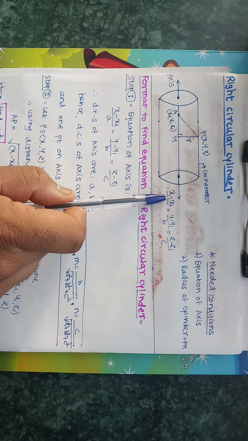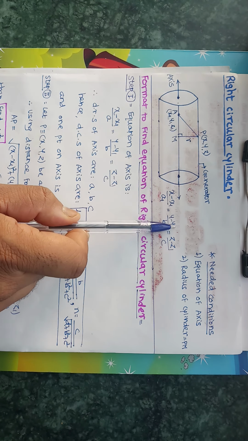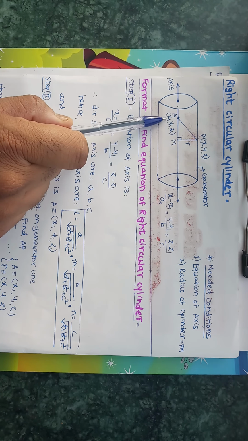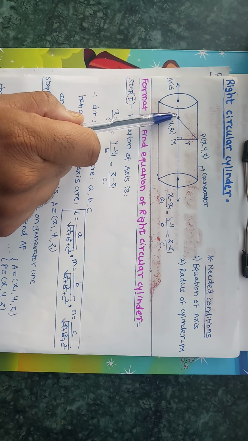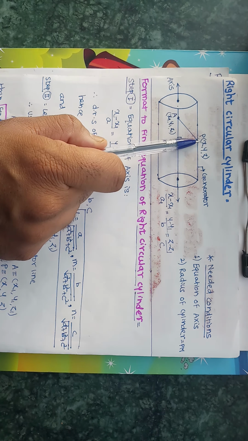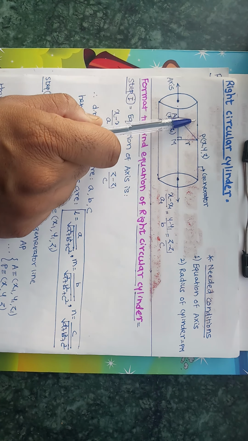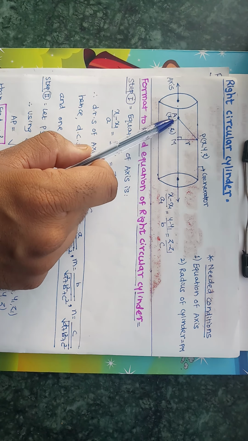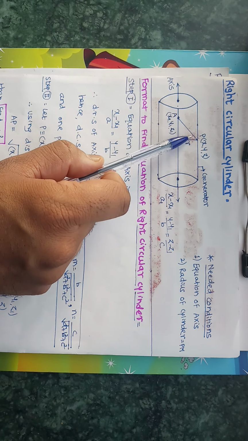Then after the negative sign, x1, y1 and z1 will be the point A on the axis of the right circular cylinder. You have to take point P on the generator line. This is the generator, so by using the distance formula, you have to find AP here.